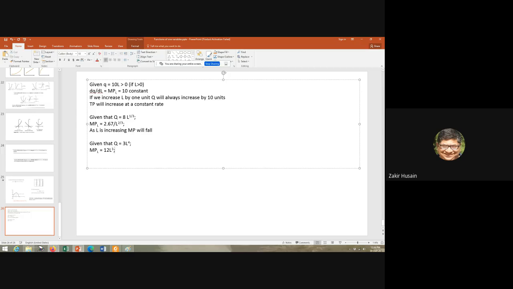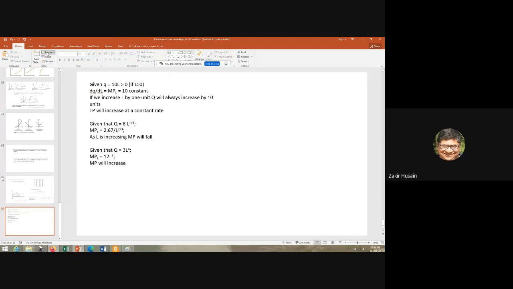What happens now? L will increase, and MPL also increases. MPL is increasing. So the functions can be given like this.